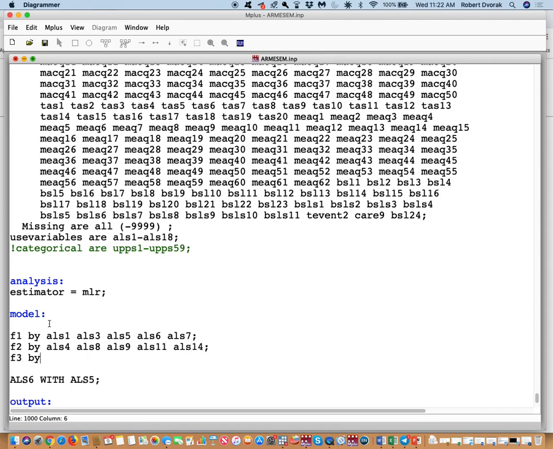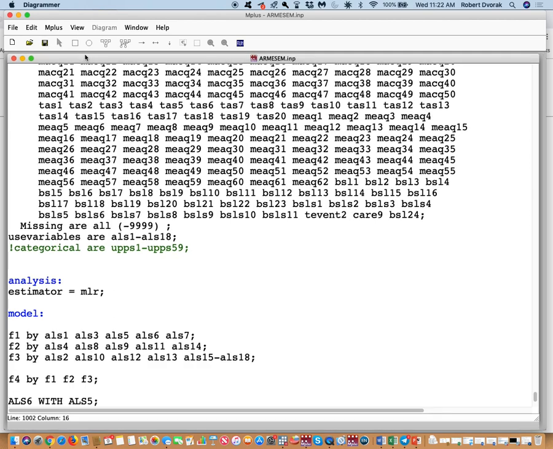And F3 by alls: 2, 10, 12, 13, and then 15 through 18. Okay, and then we are going to do F4 by F1, F2, F3. And this is testing a higher order factor structure, right? And what did we say that we wanted with this higher order factor structure?